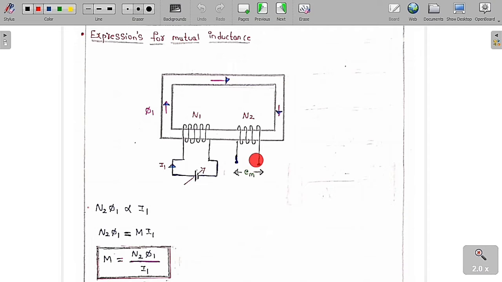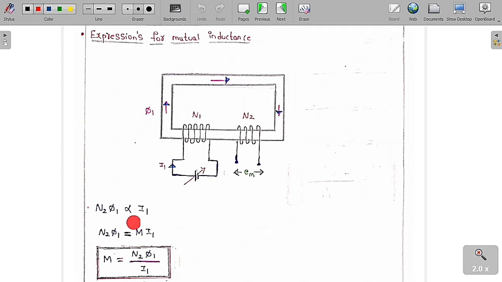The total flux linkage with the secondary coil is equal to N2 into phi1, where phi1 is the flux produced due to one turn of the primary. So N2 into phi1 is called the overall flux linkage in the secondary coil.